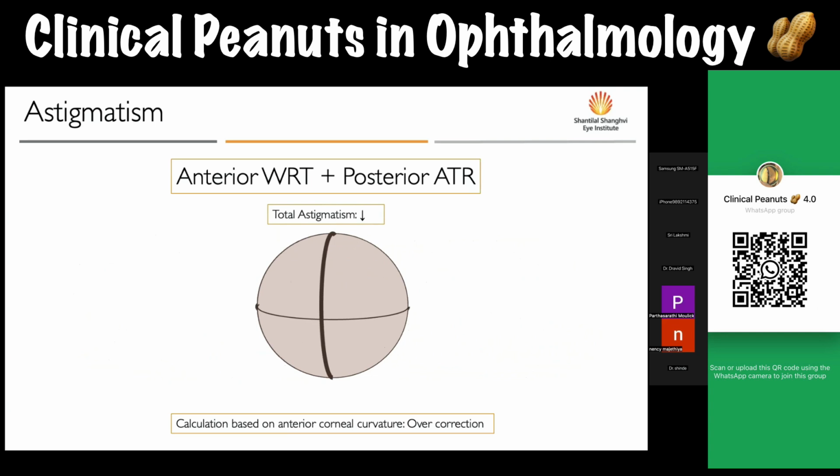Therefore, if your calculations are based only on the anterior corneal curvature, without accounting for the posterior astigmatism which is reducing the anterior with the rule astigmatism, you're likely to have an overcorrection.